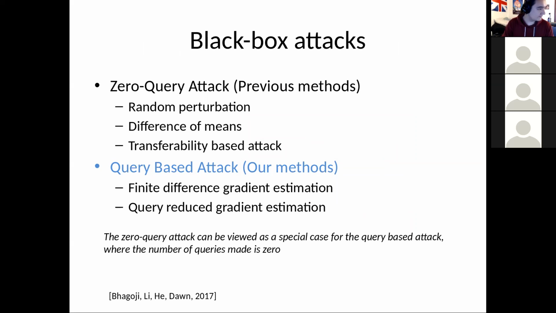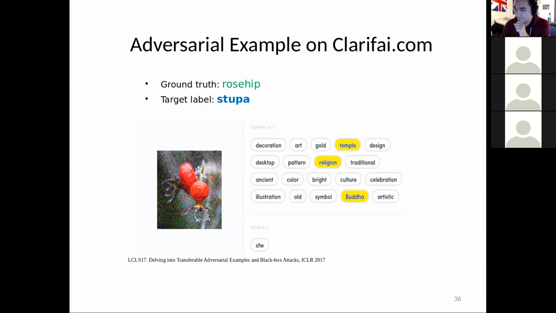I have a question about the frequency comment. If humans are able to filter out high frequency, why can't the neural network just blur the image so that the high frequency is purged from the image?